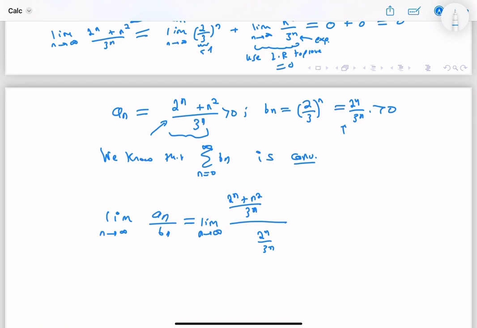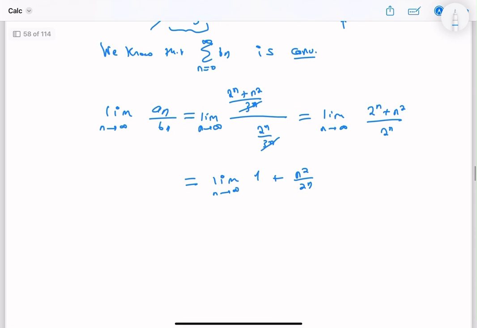If we cancel the 3 to the n's, we get that this is the limit as n tends to infinity of 2 to the n plus n squared over 2 to the n. If you break the fraction, it's going to be 2 to the n over 2 to the n, which is 1, plus n squared over 2 to the n.